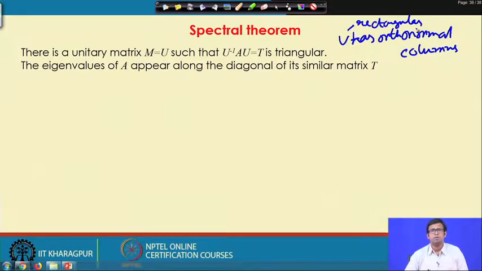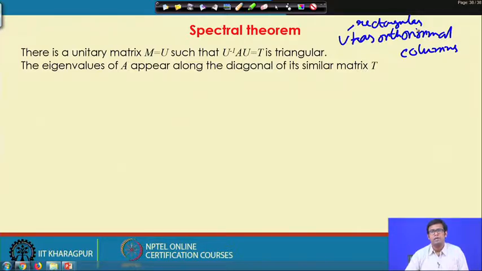A square matrix with orthonormal columns is called an orthogonal matrix. A rectangular matrix with orthonormal columns is called a unitary matrix. So if M is equal to U, then U inverse AU will give us a triangular matrix T. So they are again similar matrices.